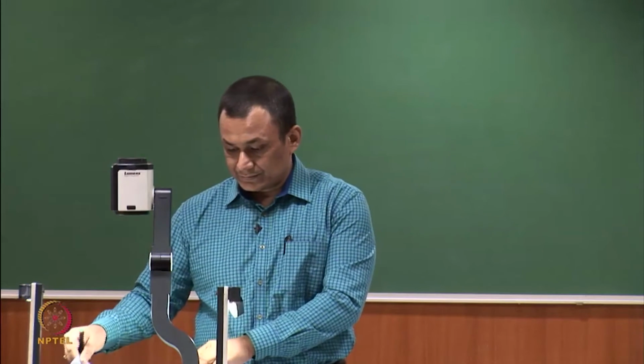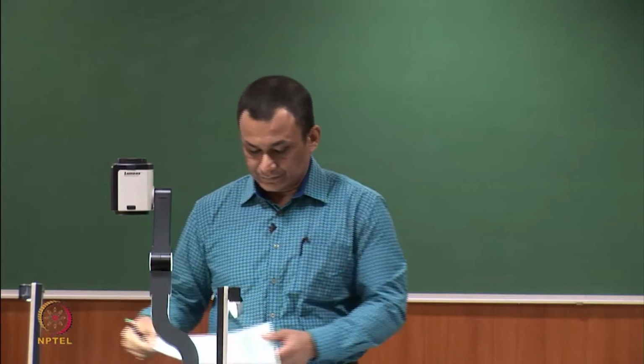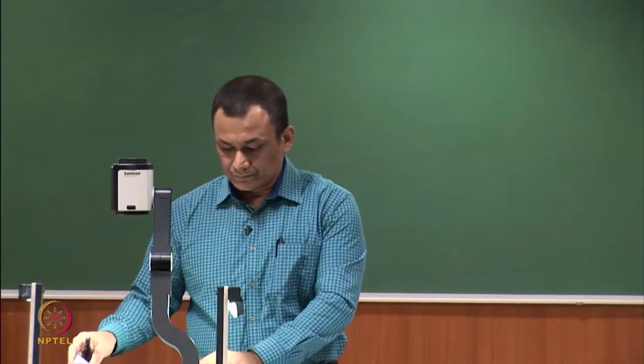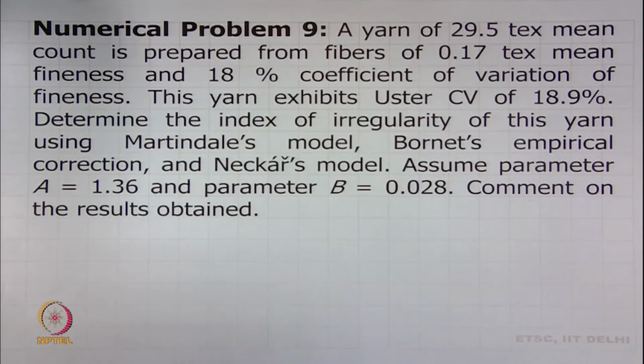Now, we proceed to problem number 9. Problem number 9. A yarn of 29.5 ktex mean count is prepared from fibers of 0.17 ktex mean fineness and 18% coefficient of variation of fineness.